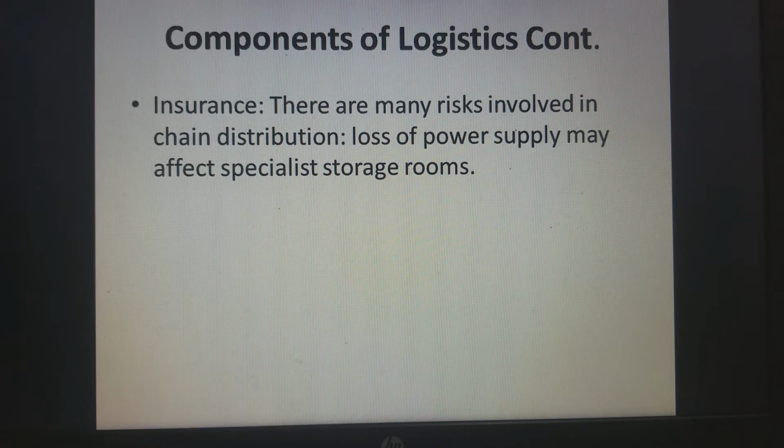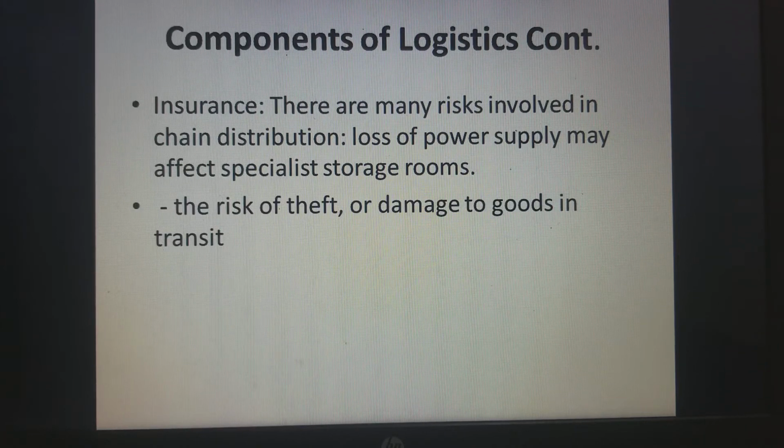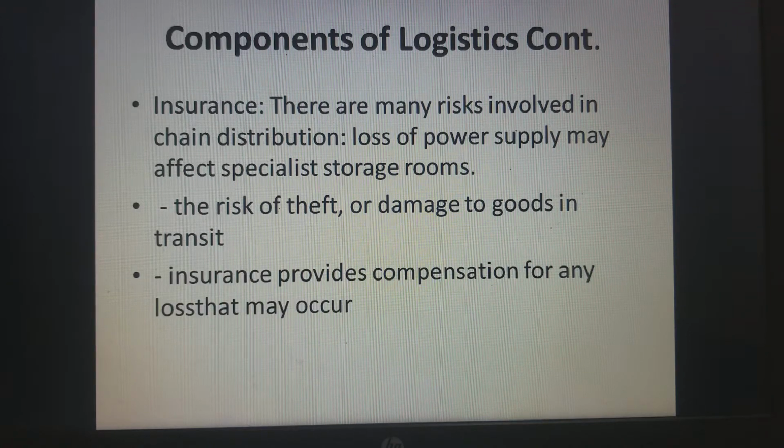If that occurs, then insuring the goods that are stored in the warehouse can allow you to get compensation for the goods. There is also the risk of theft and damages to the goods in transit. So the insurance covers that risk of theft and damages. Insurance provides compensation for the loss that may occur, as we spoke about earlier.